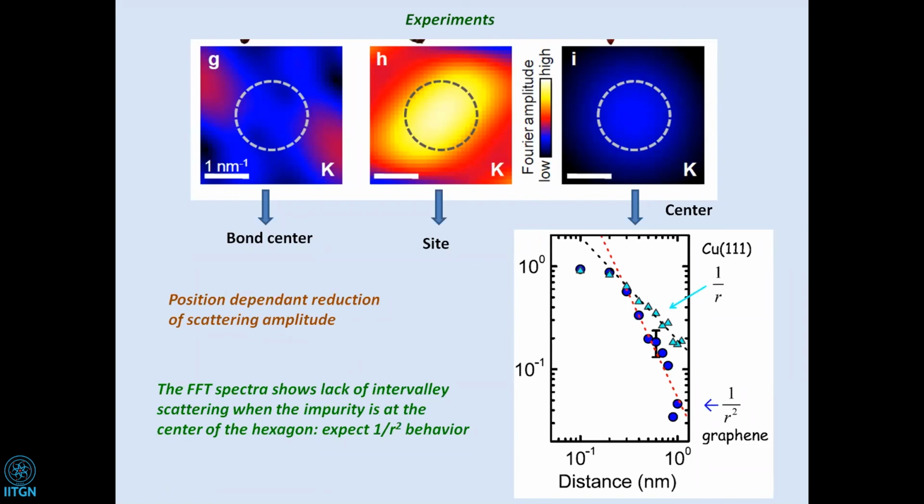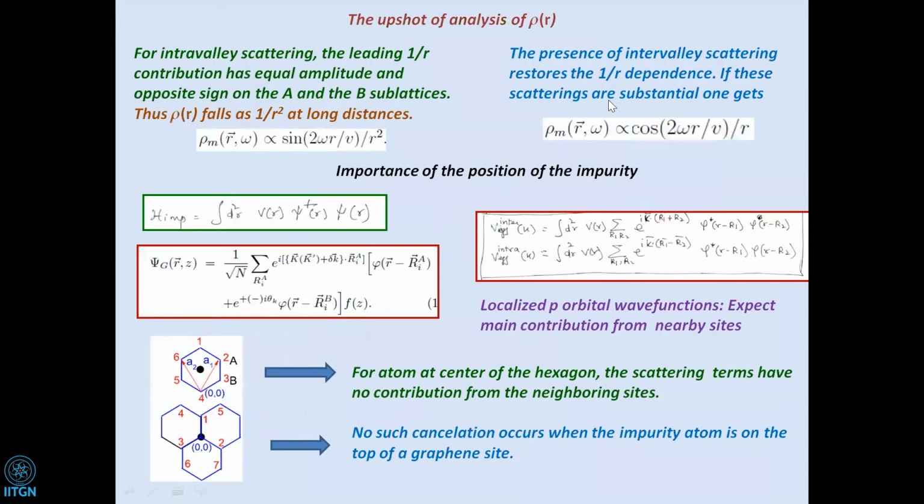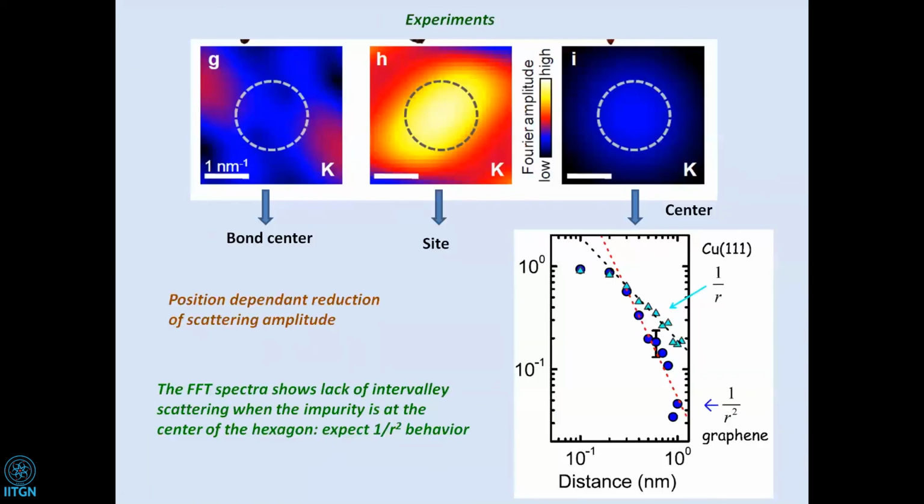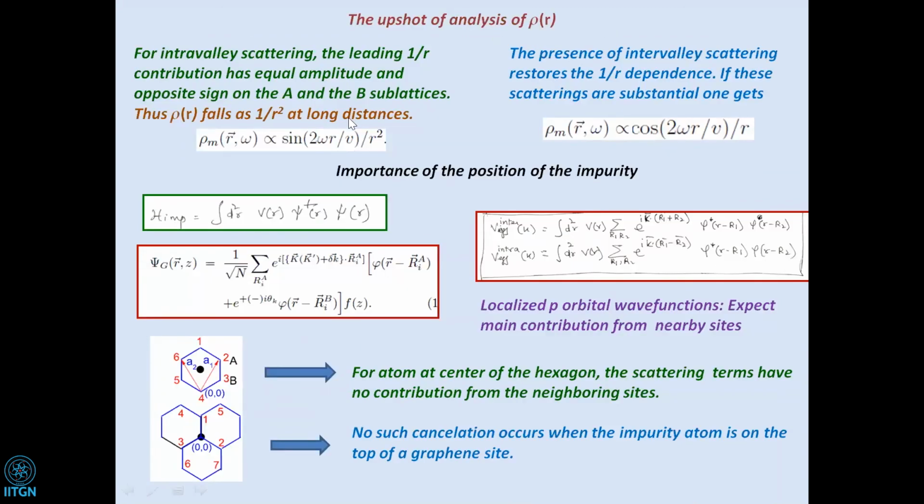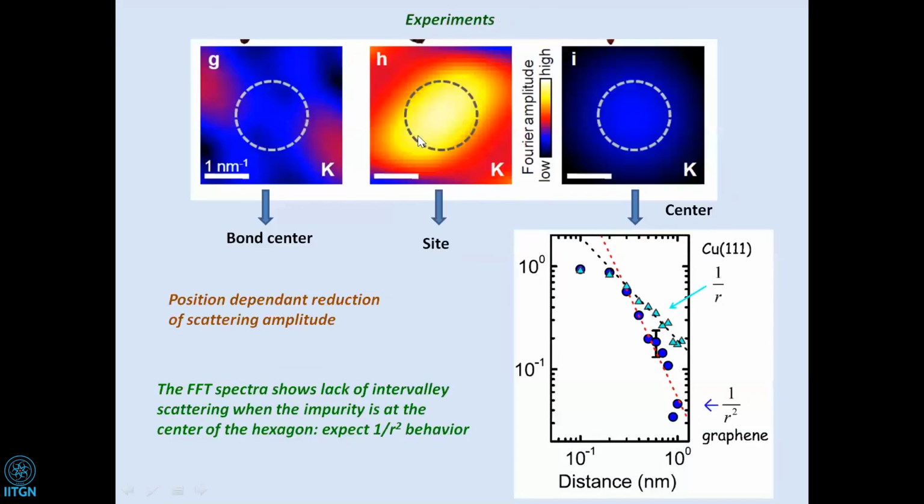And this phenomenon, this position dependent change in the density of states of graphene electrons in the presence of an impurity, is another signature of this Dirac-like behavior, because this 1 over r squared behavior requires a Dirac dispersion and intra-valley scattering.